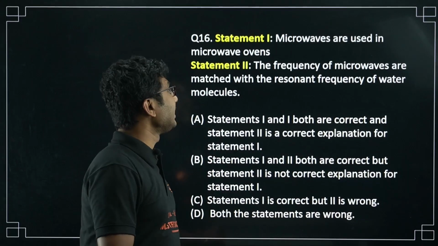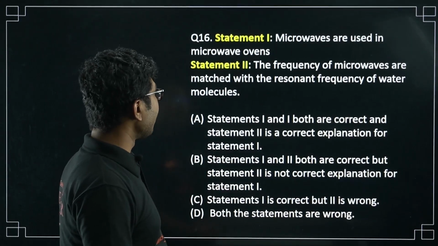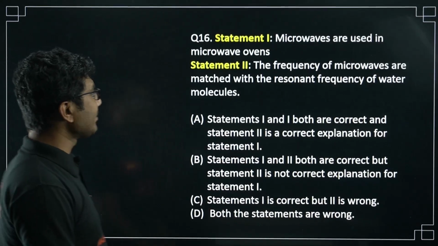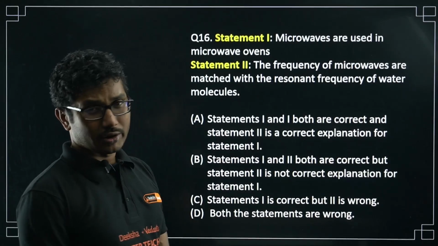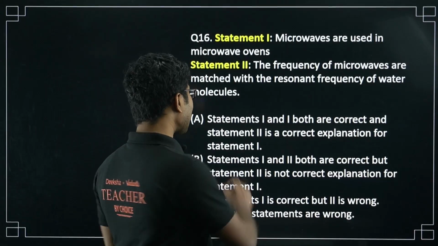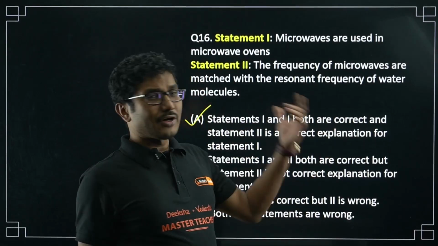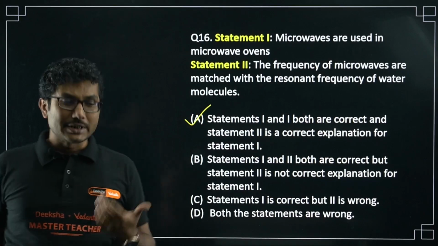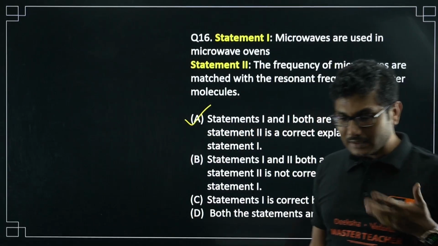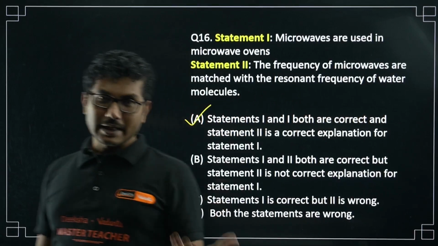Now question number 16: microwaves are used in microwave ovens. Obviously the frequency of microwaves is matched with the resonant frequency of water molecules. Yes, that is also correct, and that is the correct statement. Now here you have to remember that microwave ovens basically heat up the food. How does it heat up the food? It heats up by heating the water present inside the food.